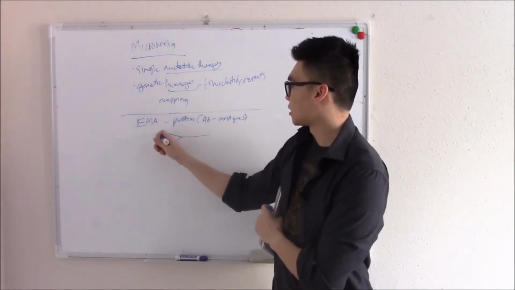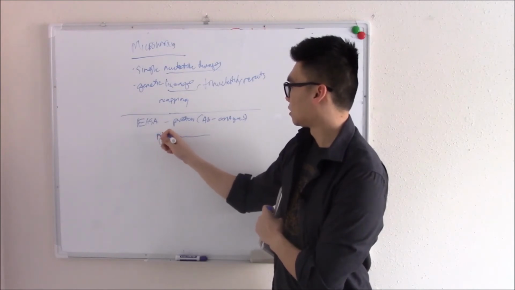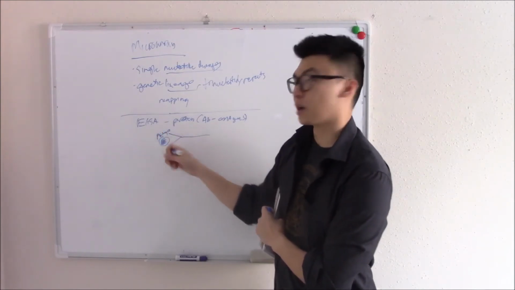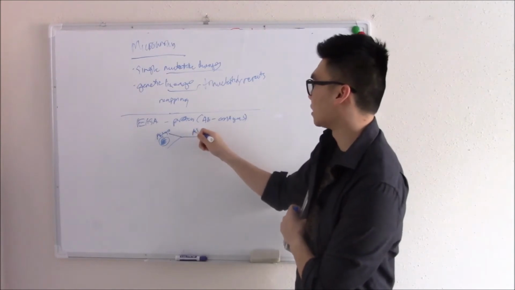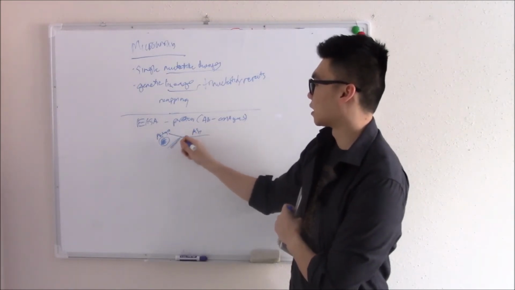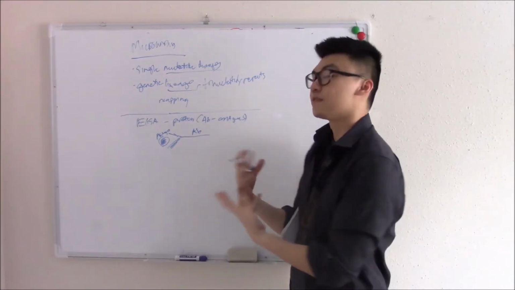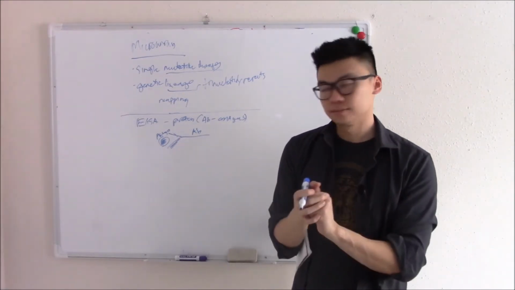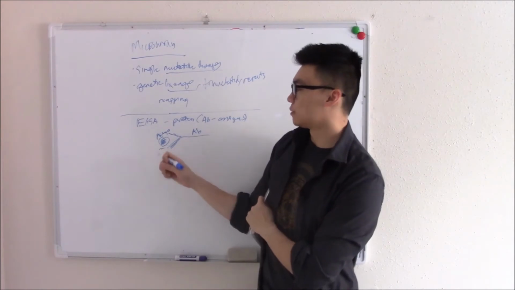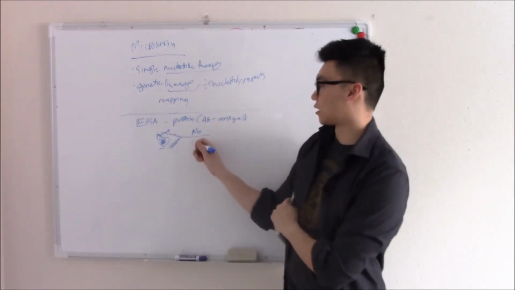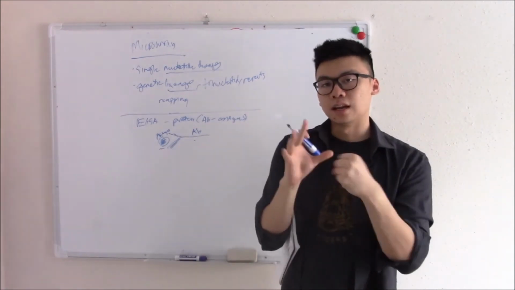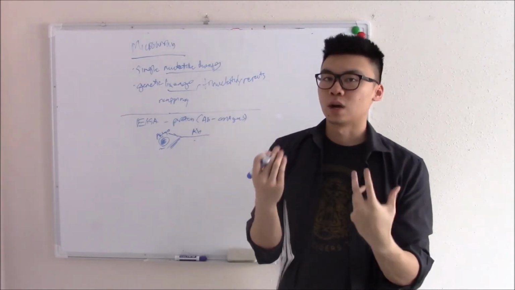So your antigen, I will just denote as this little round thing. And your antibody, I'll denote as kind of the classical Y-shaped antibody. So we take advantage of the fact that they always go together. If you're looking for a particular antigen, just have a particular antibody against it. And if that matches, then you know you have the right thing.